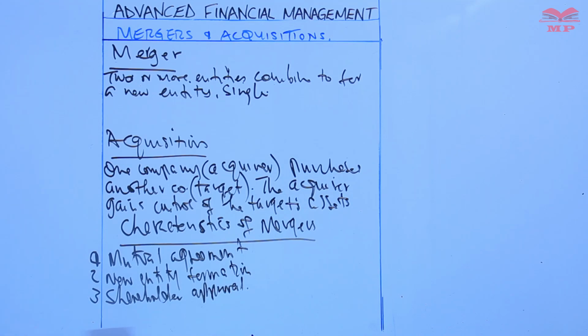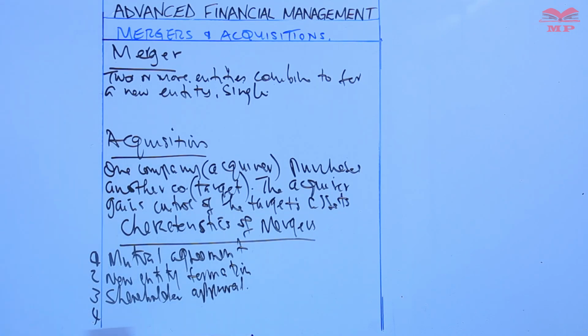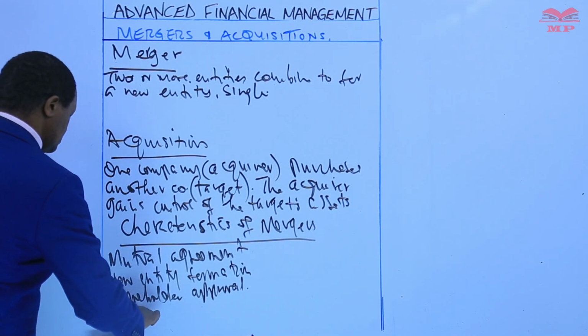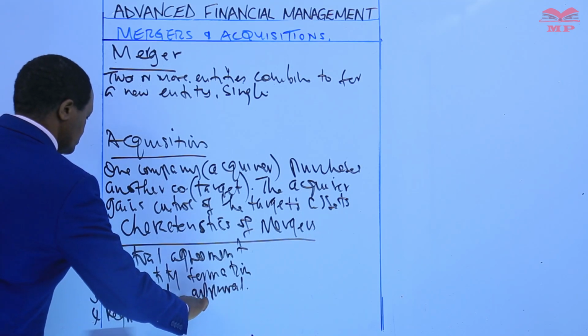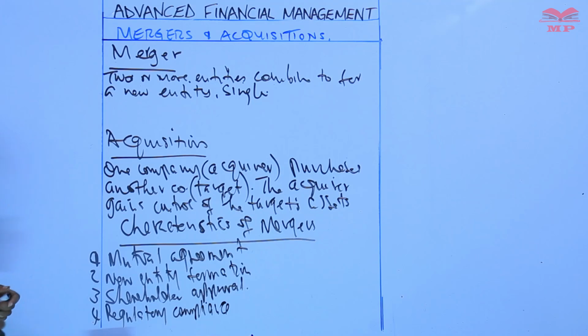There is shareholder approval. There may also be the aspect of regulatory compliance. Mergers must comply with applicable laws and regulations, particularly the laws in relation to competition.